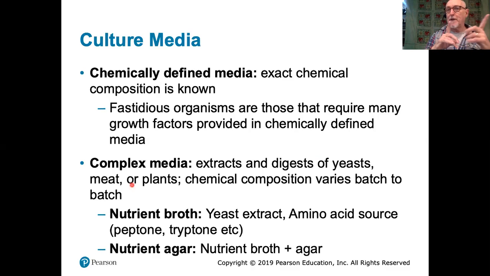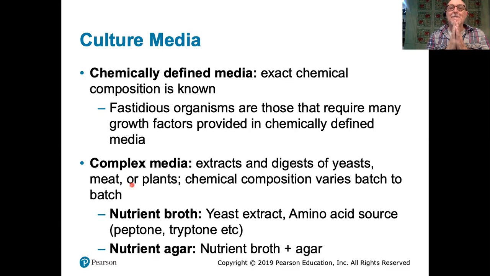All that peptone is protein that has been digested with pepsin, which is the enzyme which we produce in our stomach. Tryptone is another one. It's also a protein mix from meat or whatever, which is digested with trypsin, which is a pancreatic enzyme, which digests protein.